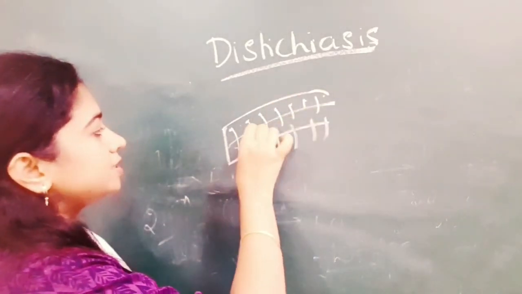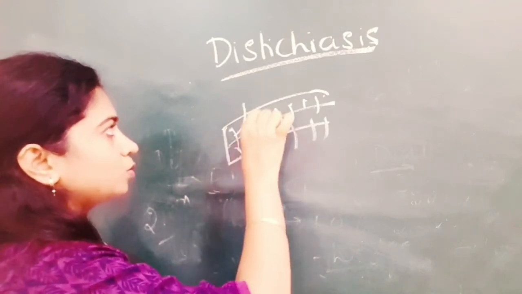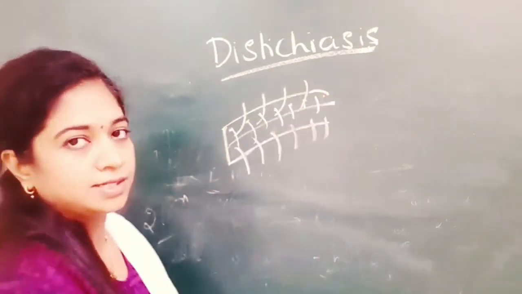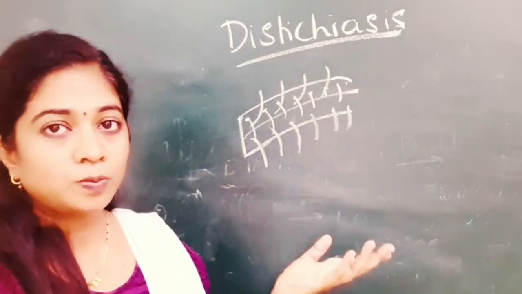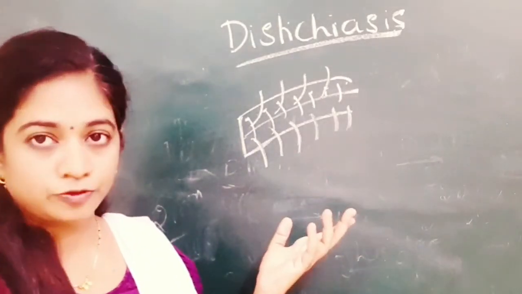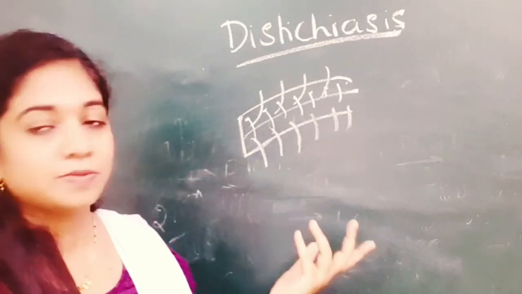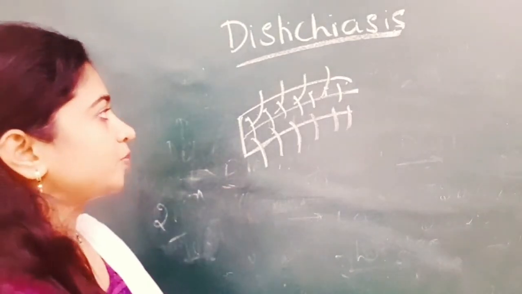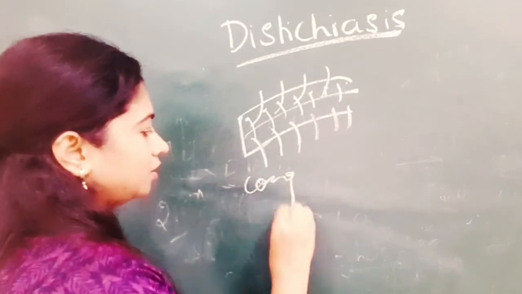But the peculiarity is that these are not directed like normal eyelashes, but instead they are misdirected like in trichiasis. So that causes the problem. If the eyelashes were in normal position, I don't think it would cause so much of a problem. But now it is acting like trichiasis and giving rise to the same symptoms and signs as I told for trichiasis. Again, the causes can be congenital or acquired.